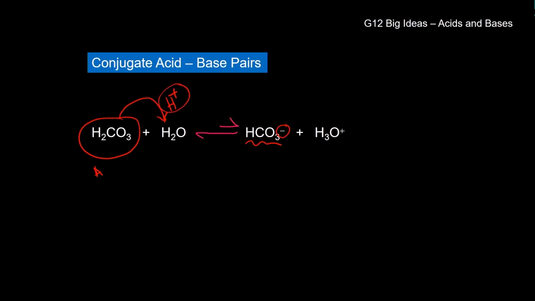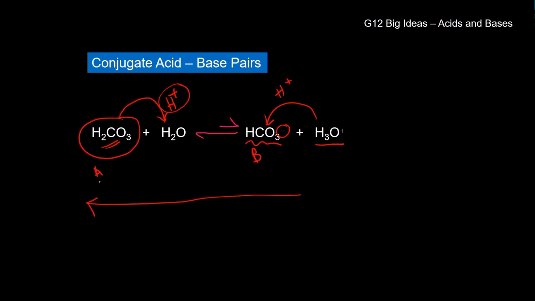If we have a look at the reverse reaction, so we read it from the other way around, from the right side to the left side, we see that to form this product over here, it is going to have to take on a proton from this hydronium ion. That means it's acting as a base. It's taking on the proton.